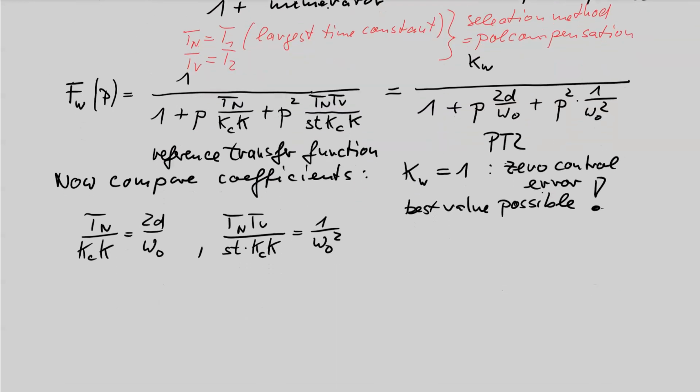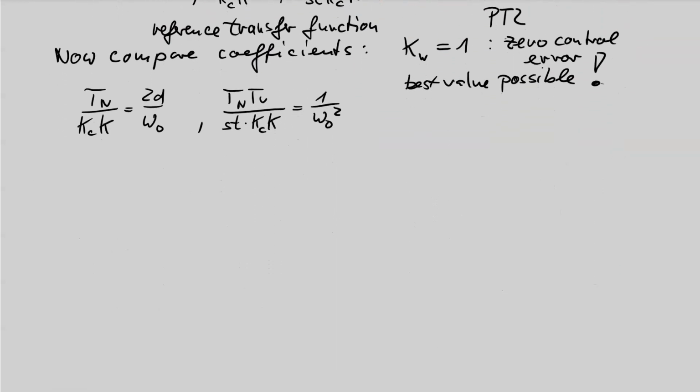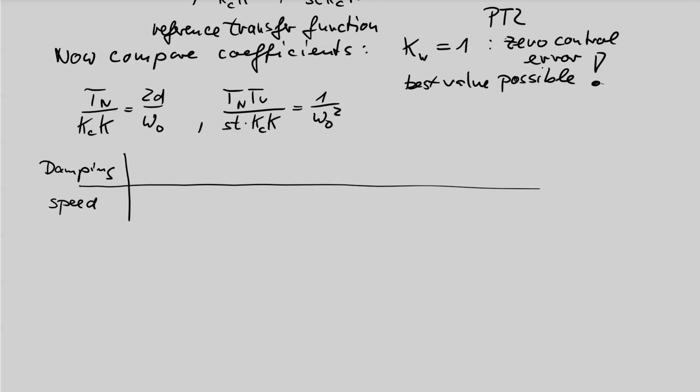So what I recommend is the following. I make a table and say, okay, the closed loop system has a damping, which is selectable, is free, and a speed, which is selectable. And you can choose any value for this.